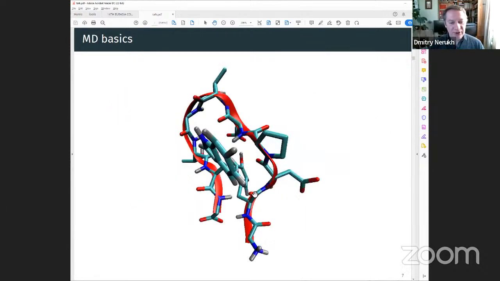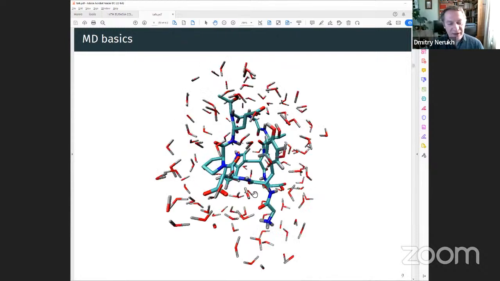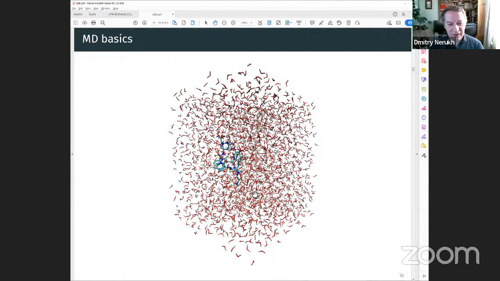But the computer models of proteins obviously consist of these chains, and the main difficulty is that in order for the model to be realistic, it has to be solvated. It should be in water, and to be even more realistic, there should be a lot of water.